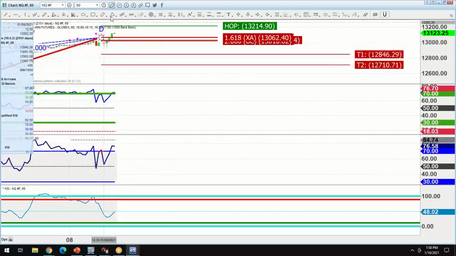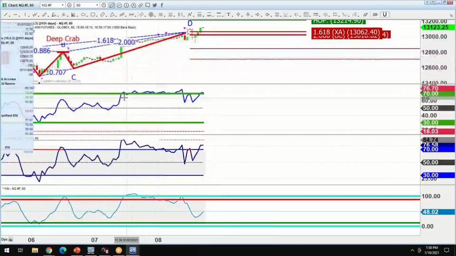We did have an HSI right before the terminal bar, but that doesn't really link up with what we're looking for in terms of ideal amplified or RSI behavior. In fact, look at RSI just consistently hugging up here that extreme. That's a sign of strength.